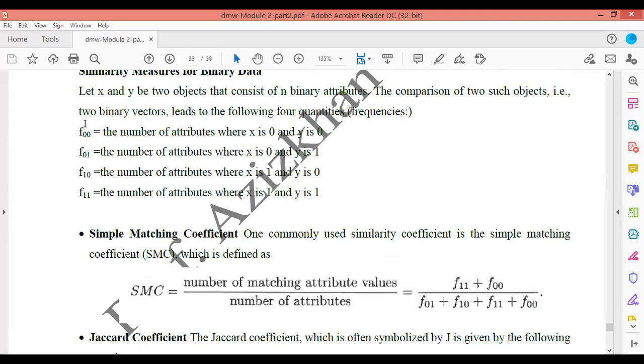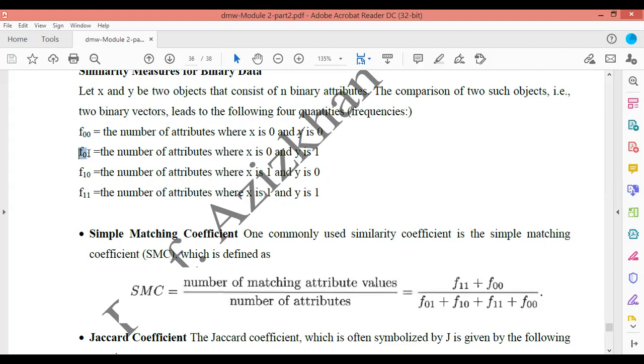In the last class, I told you that we need to find four values here: F00, F01, F10, and F11. F00 stands for the number of attributes where both the X and Y values are 0. The subscript 00 stands for the X and Y values, so we need to find the total number of attributes where both attribute values are 0. That is F00.